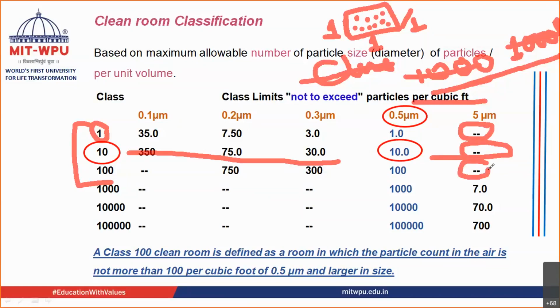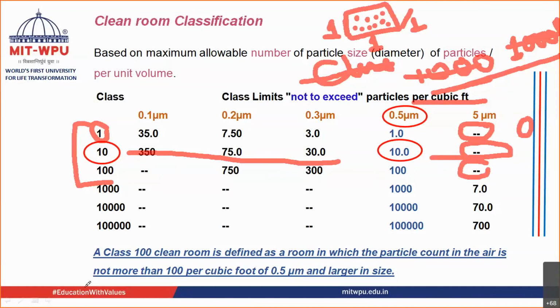If you see 5 micron, 10 micron, 15 micron, 20 micron, the number of particles present is 0, and the number of 0.5 micron particles is 10 or less than 10.